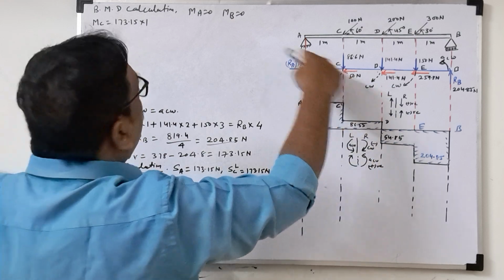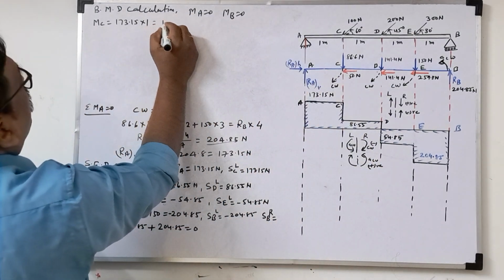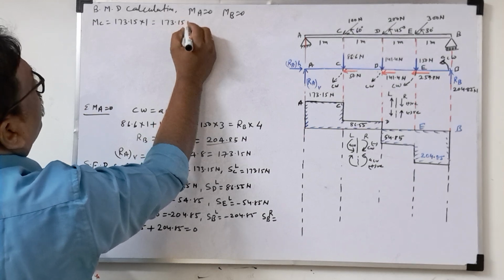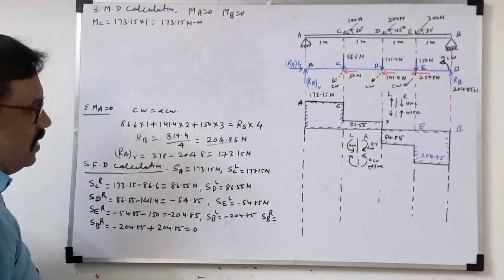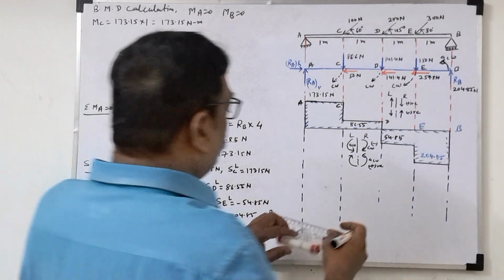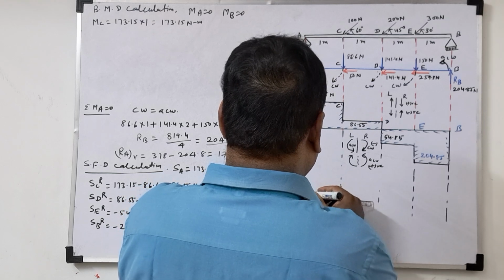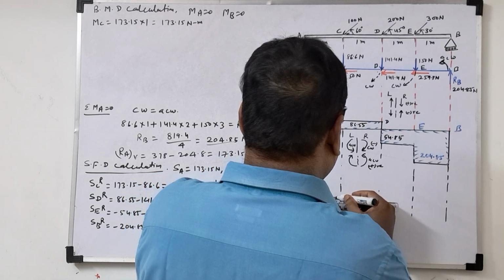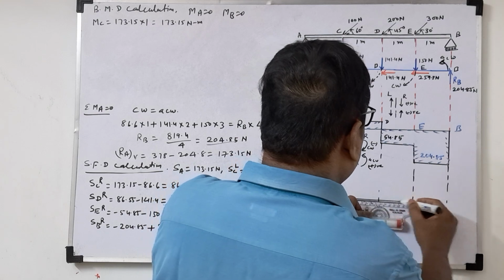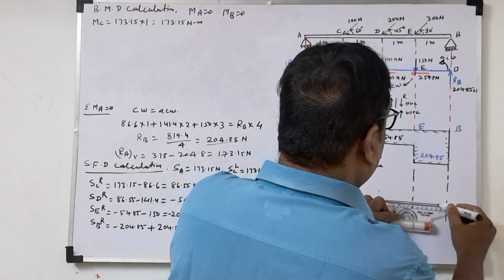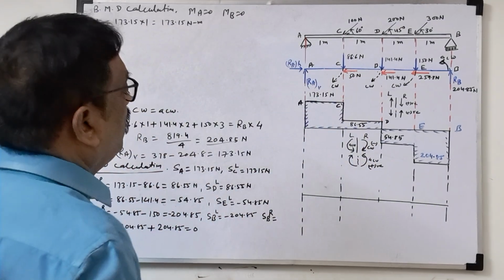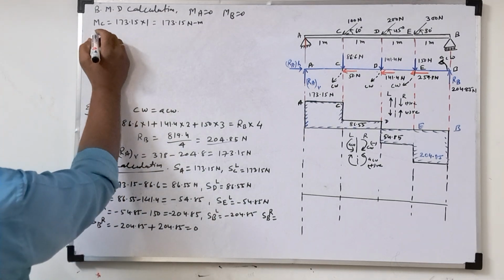So 173.15 into 1 gives 173.15 Newton meter. Now we'll draw the zero moment line, and all the points, and we'll draw the bending moment diagram. So we got MC.